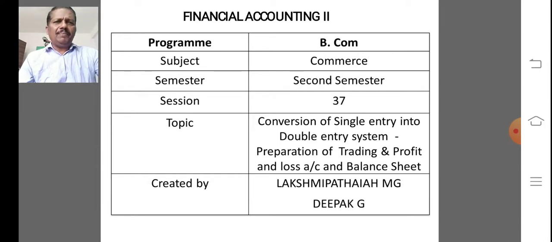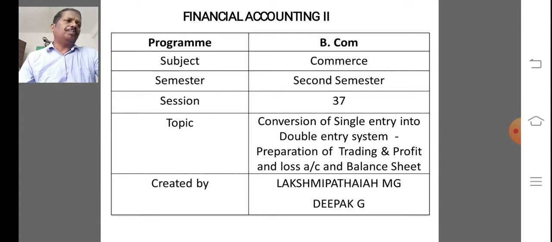The method of collection of necessary information, that is missing information, required under double entry system to provide final accounts is called conversion method.